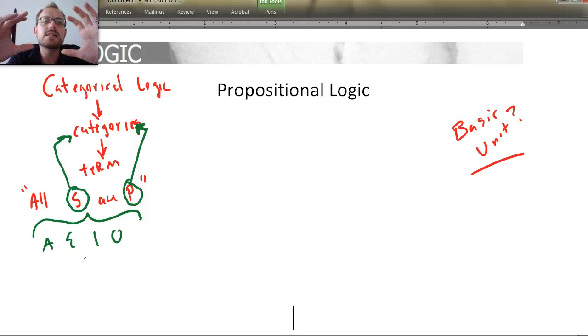So what we're going to see in propositional logic, which by the way is a system of logic that comes much, much later. We mentioned that categorical logic originates from Aristotle's investigation of human reasoning. Propositional logic comes centuries and centuries later, with really the work of Leibniz.